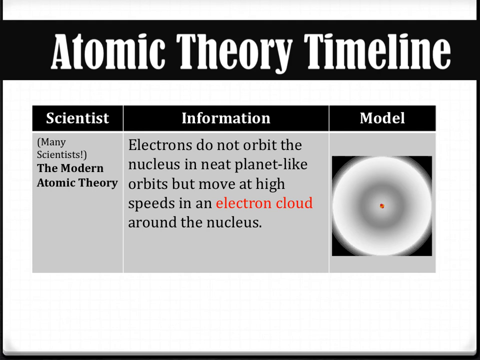All right, so when we start looking at our modern atomic theory, we know that electrons don't orbit like a nice little planetary orbit, okay? They actually move at a very, very high speed in an electron cloud around the actual nucleus. Not only that, we know that those electron clouds are three-dimensional, which means there are different shapes to the electron clouds, there are different regions.